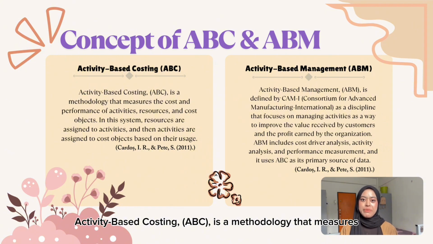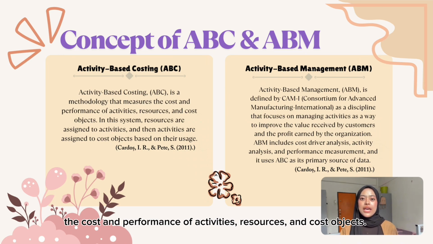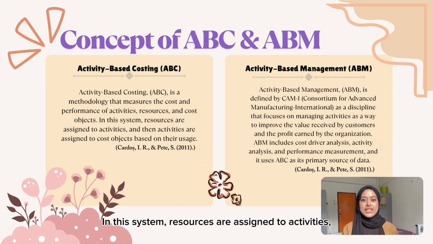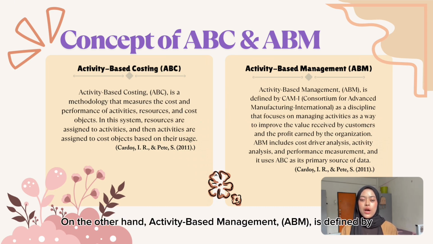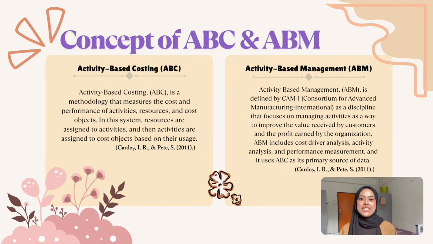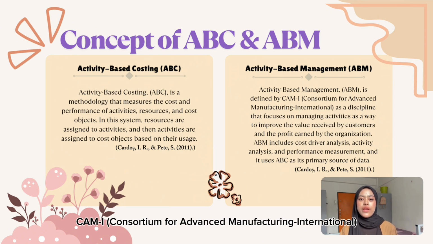Activity-based costing, ABC, is a methodology that measures the cost and performance of activities, resources, and cost objects. In this system, resources are assigned to activities, and then activities are assigned to cost objects based on their usage. On the other hand, activity-based management, ABM, is defined by CAM-I, Consortium for Advanced Manufacturing International, as a discipline that focuses on managing activity as a way to improve the value received by customers and the profit earned by the organization.